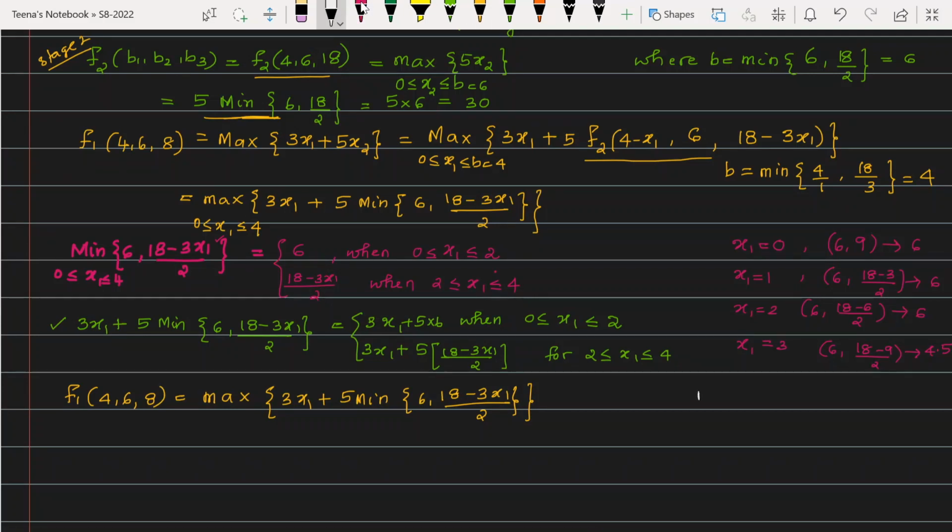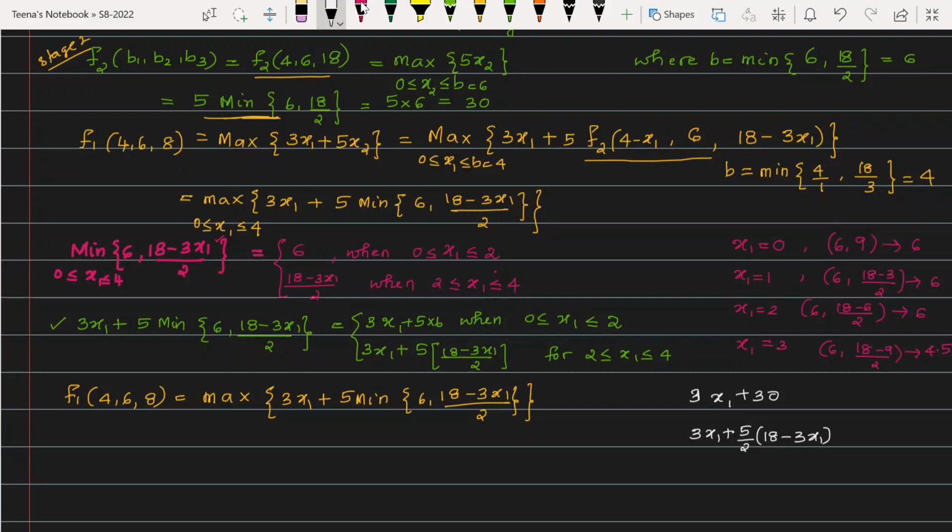Now the maximum value among 3x1 plus 30 and 3x1 plus 5 by 2 into (18 minus 3x1). Let us find the maximum value among these two expressions.